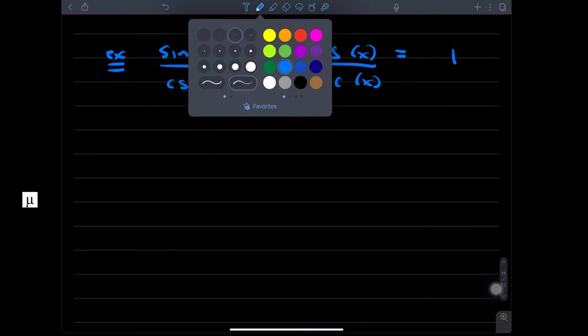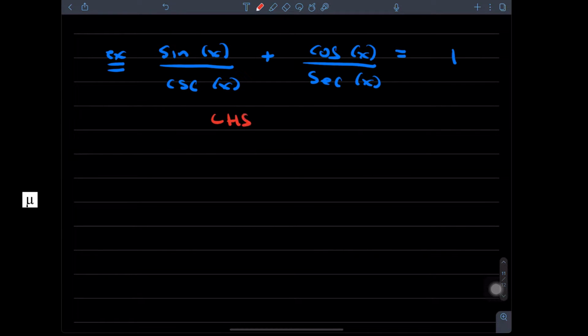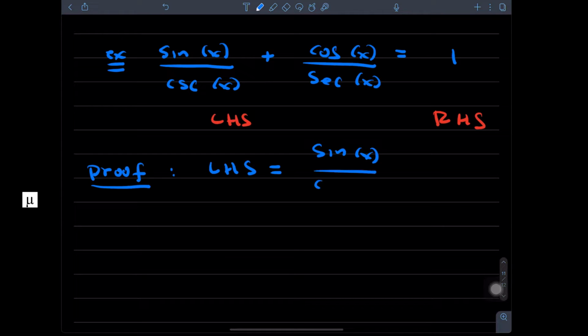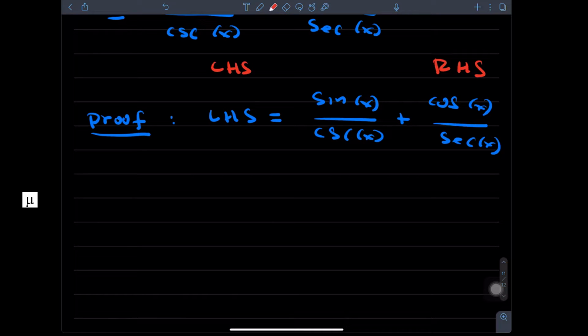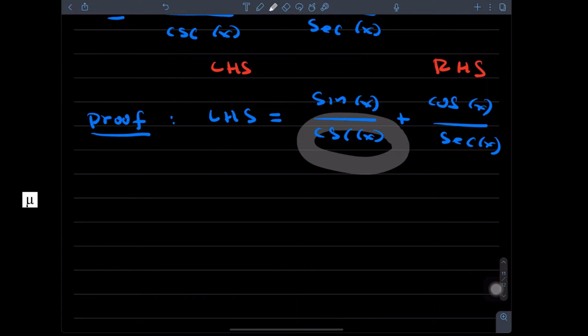So we're going to say what here? Left-hand side and the right-hand side. Let's go with this proof. Left-hand side is sine over cosecant plus cosine over secant. Okay? Cosecant here, and secant.